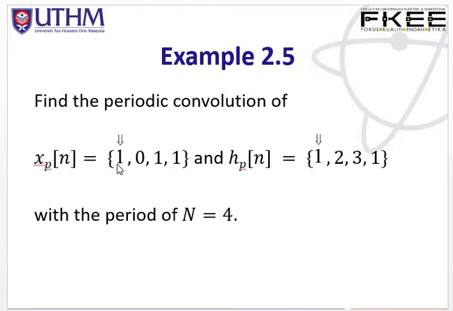The starting index of xp is 0, hp also 0, so the starting index is 0 plus 0 equal to 0. For the ending index, for xp[n] you have 1, 2, 3, so this one we have 3, and this one also has 3. 3 plus 3 is 6. So the ending index is 6.